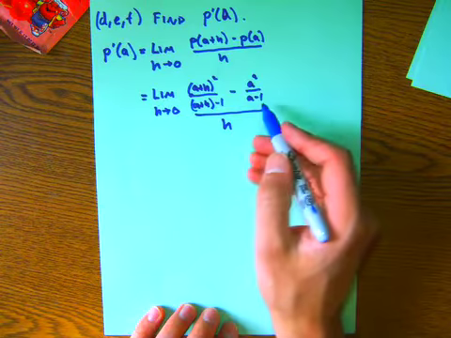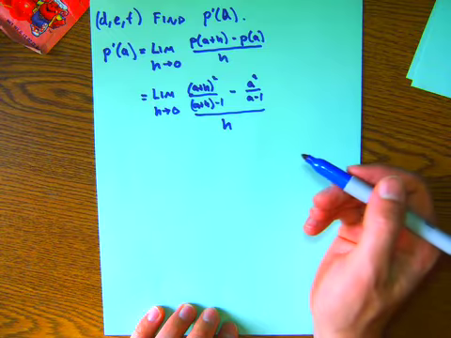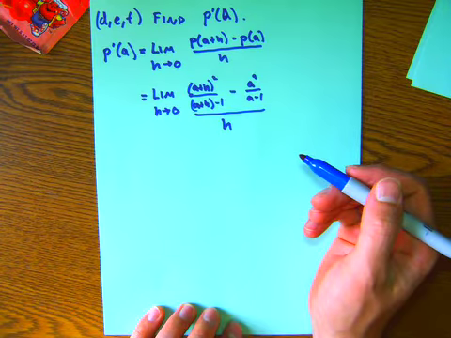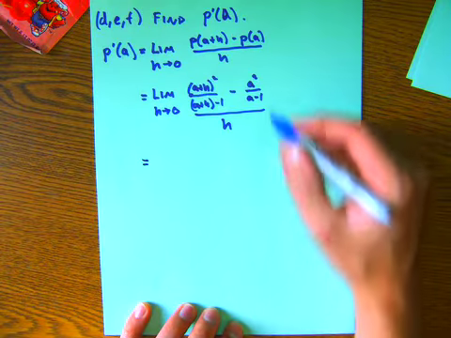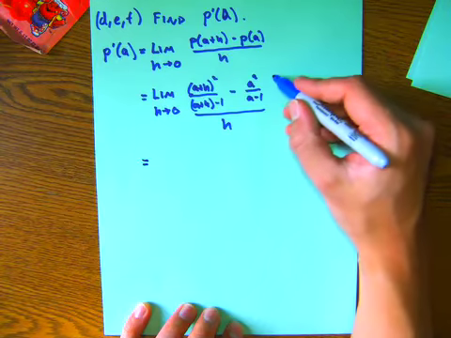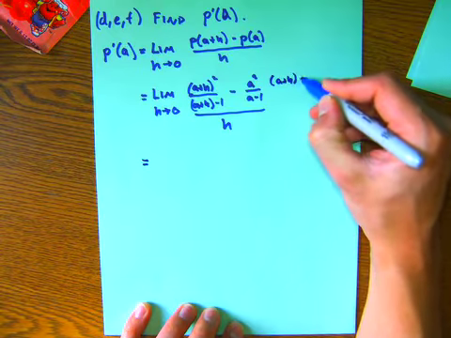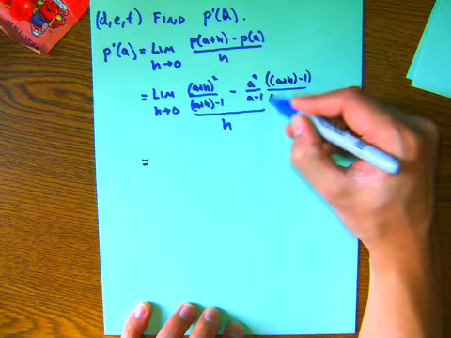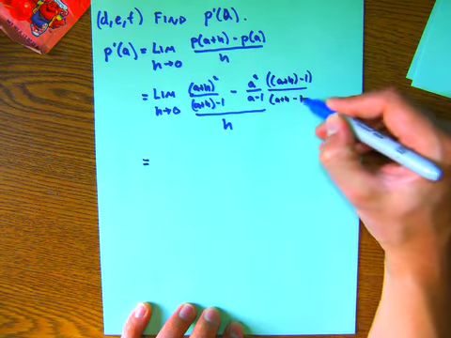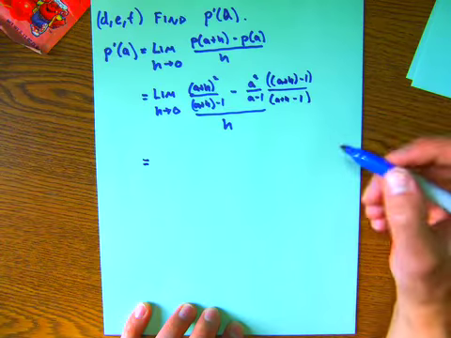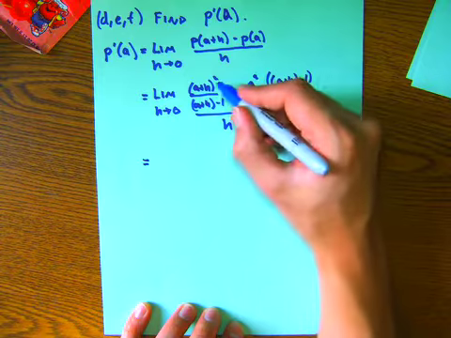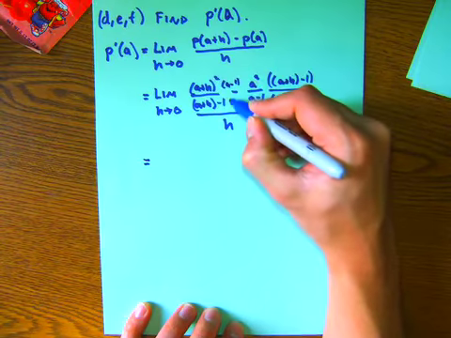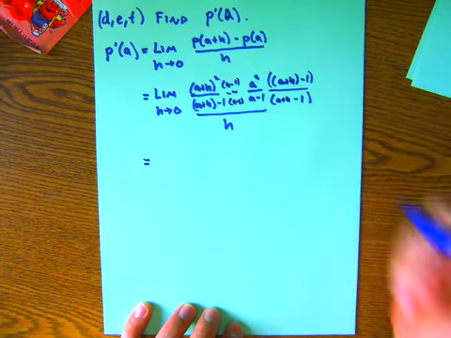Since we have two fractions that we're subtracting, to combine denominators we can multiply this by a plus h minus 1 over a plus h minus 1, and this one by a minus 1 over a minus 1.